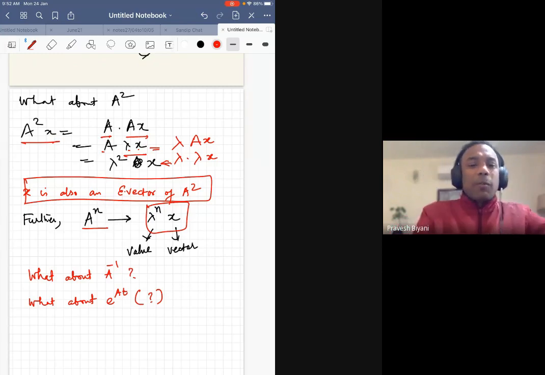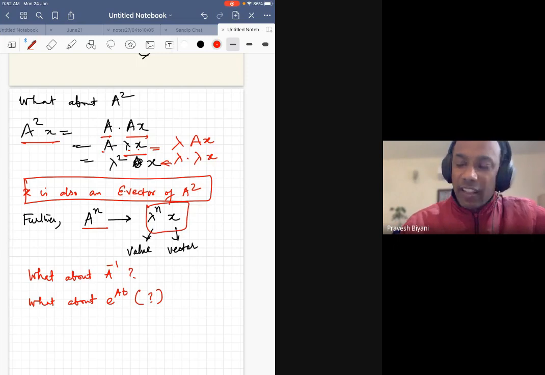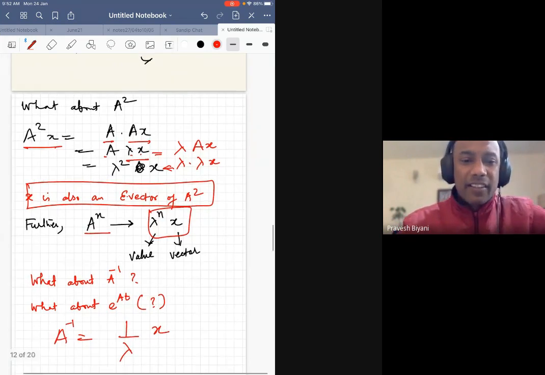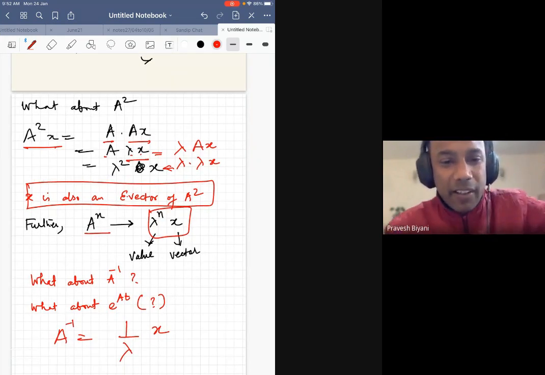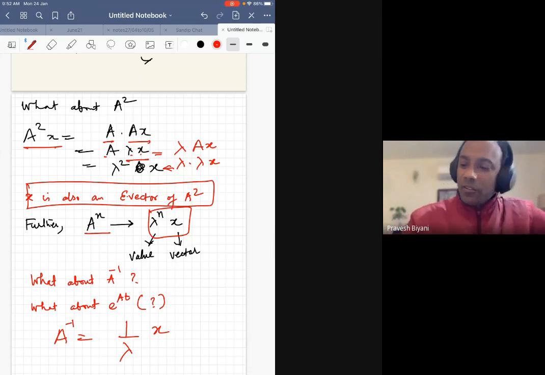Okay. Now the question is, what about A to the power minus 1? What about A inverse? Well, A inverse is this, right? It's very easy to show. Of course, lambda should exist in this case. Lambda should not be equal to 0.